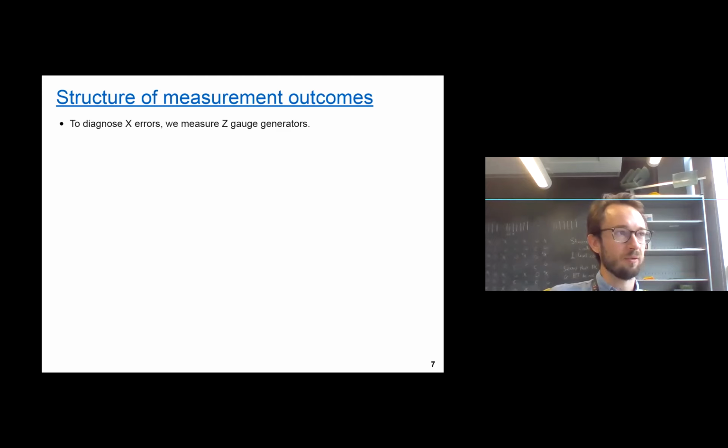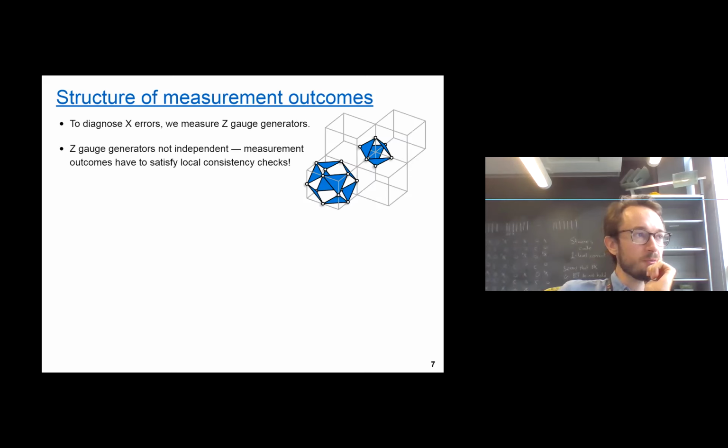We can now talk about the error correction procedure. Let's consider, for example, X errors. To detect these, we measure the Z gauge generators. The important thing about these is that they have to satisfy local consistency checks.